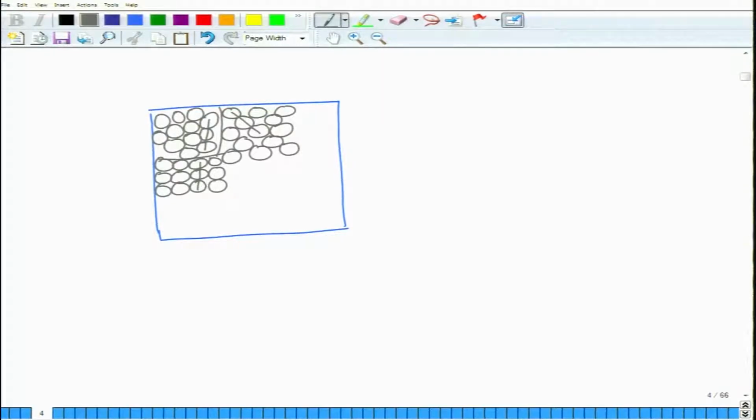So if you now divide this into several regions, let us say these are the regions, here it is like this, and here it could be some other orientation.